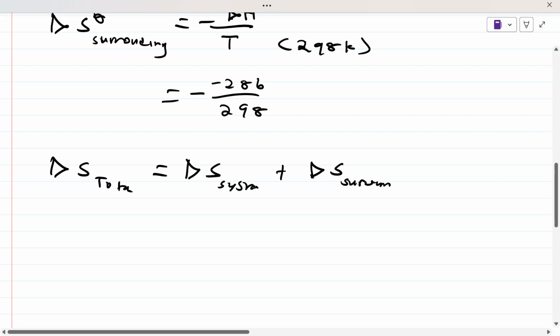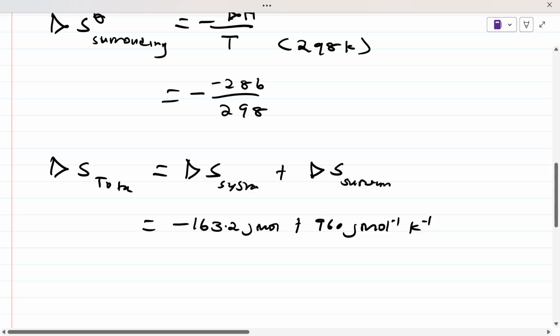So we are going to have minus 163.2 joules per mole plus 960 joules per mole per Kelvin.